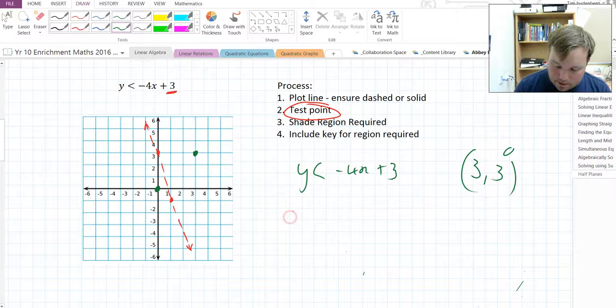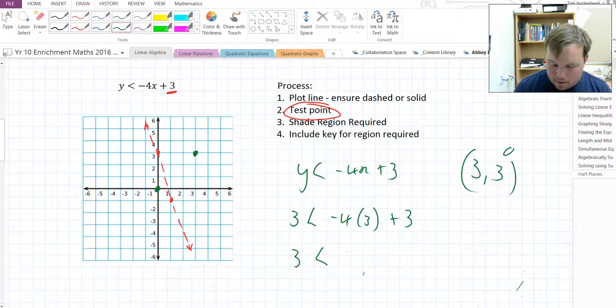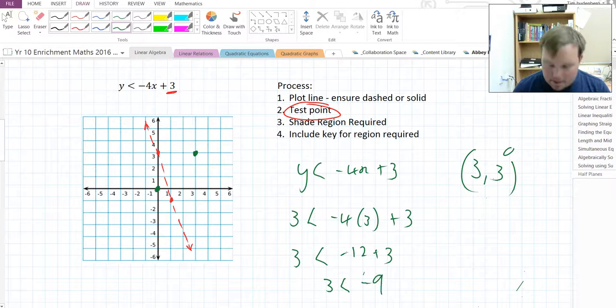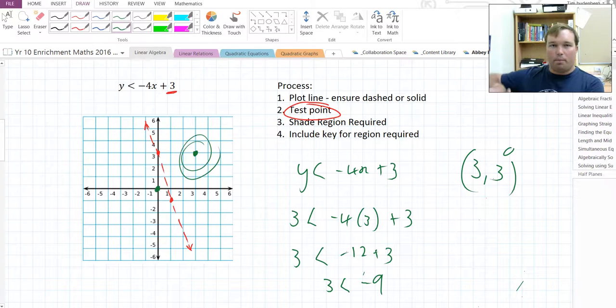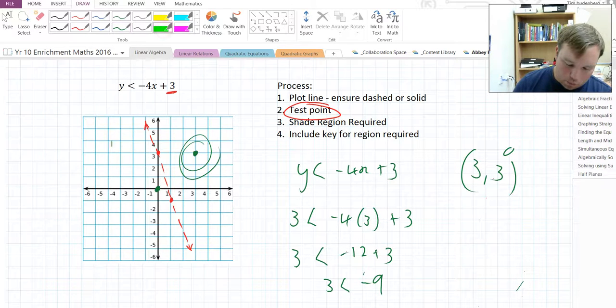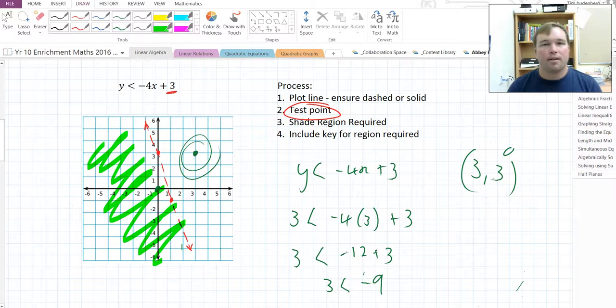Sub in the points. 3 is less than minus 4 lots of 3 plus 3. 3 is less than minus 12 plus 3. 3 is less than negative 9. Now that's not true. 3 is not less than negative 9. That is not a possible solution. So what we're saying is that out this side with this point, that's not possible. Therefore, we want the other side. And you would shade it in nicely.